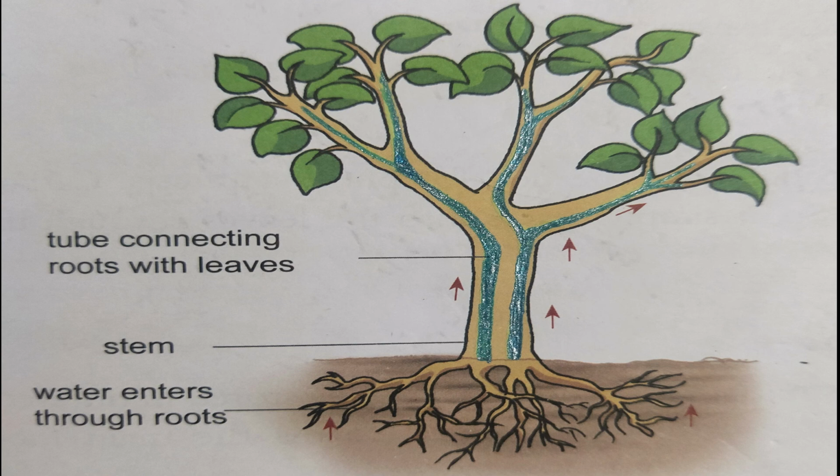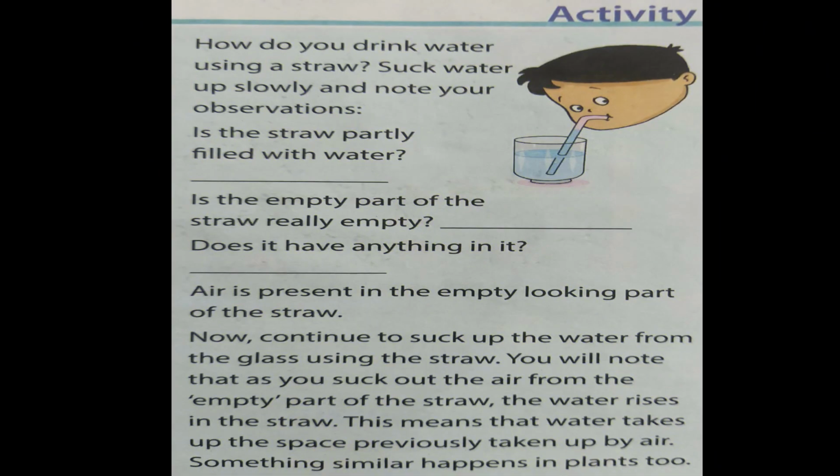Do this activity after the class. Take a straw and drink water with that straw. Suck water up slowly and note your observations. They are: is the straw partly filled with water?